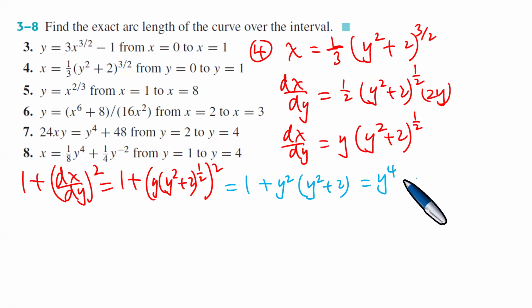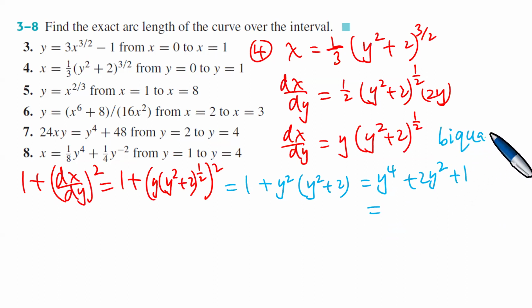It's y to the 4th power, 2y squared plus 1. It's a biquadratic equation. This is biquadratic. And therefore, you can write it as y squared plus 1. And then you put the square like this.